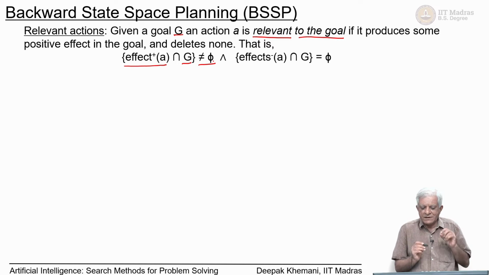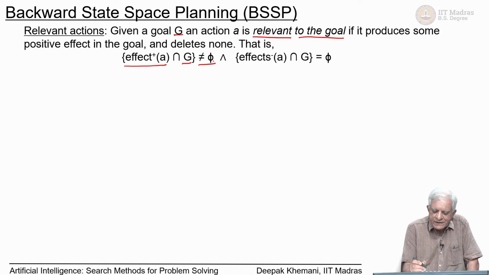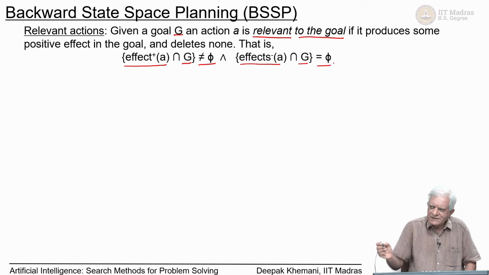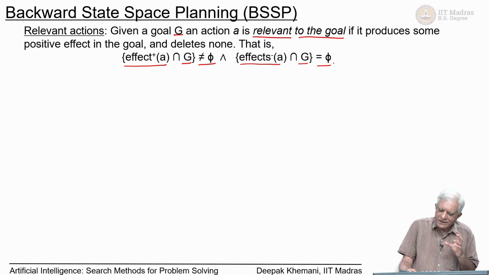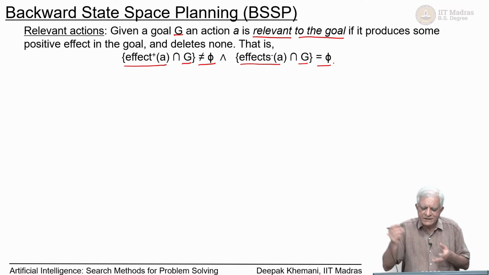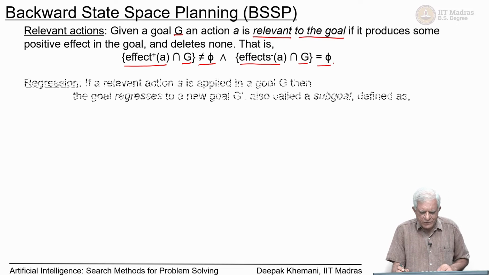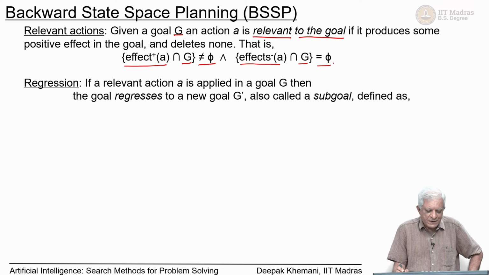There must be at least one positive effect that it is adding to the goal state, and also the negative effects of this action intersected with G must be an empty set, which means it is not deleting anything from the goal state. It is only adding something to the goal state, because the goal state is something that we want to make true. We will see examples as we go.